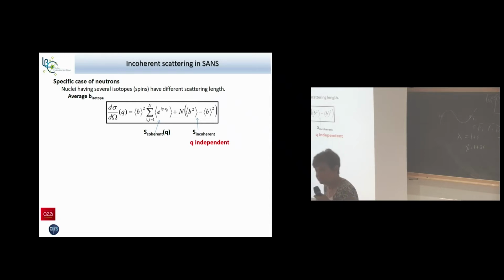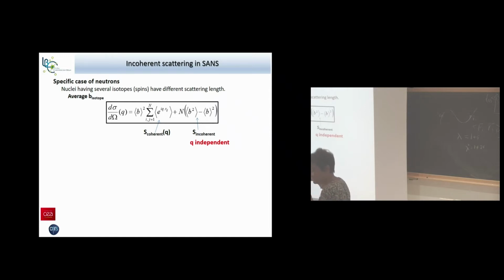Nuclei may have different isotopes and also different spins, and the neutron is measuring this. This gives what we call the incoherent signal. It is a flat signal which does not depend on the scattering vector, but it exists.